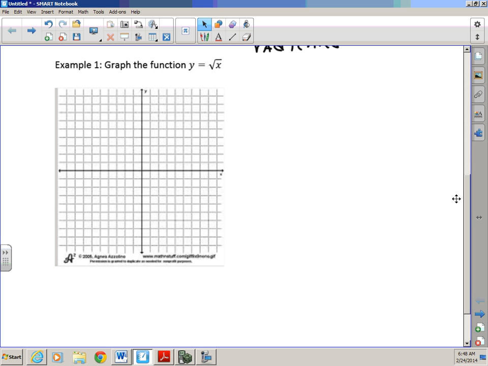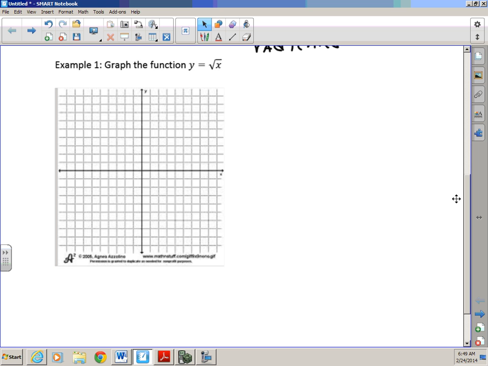What we want to do is see what happens to our base case, which is y equals the square root of x, when we make changes to that function, and then we also want to identify the domain and range.